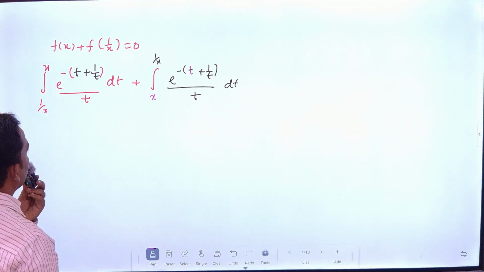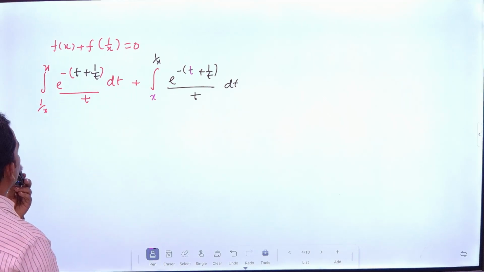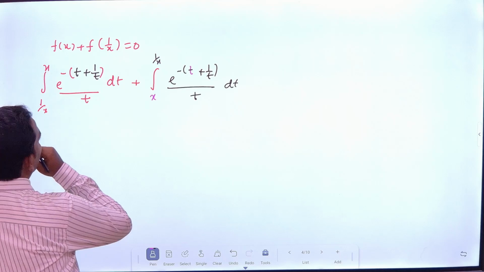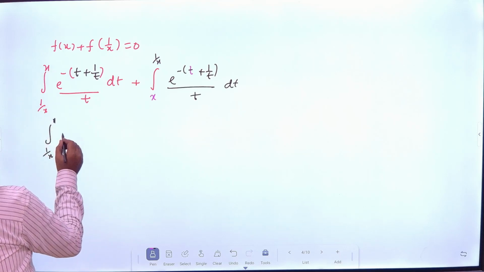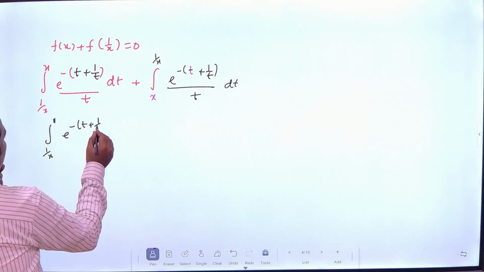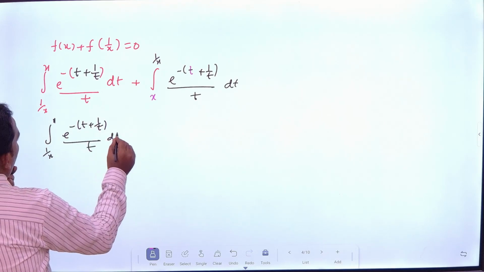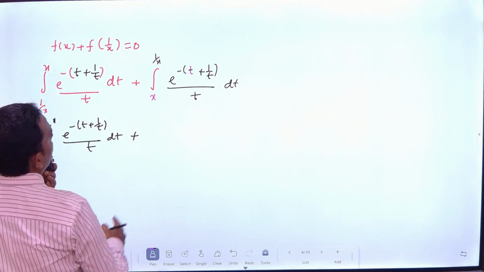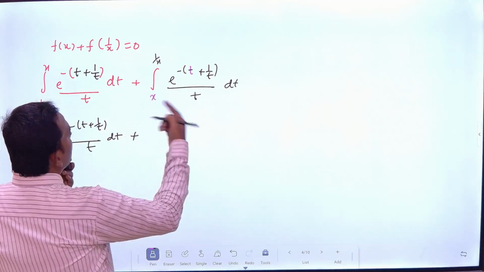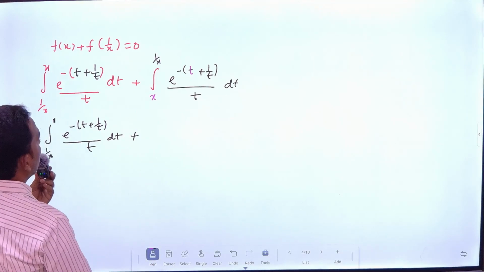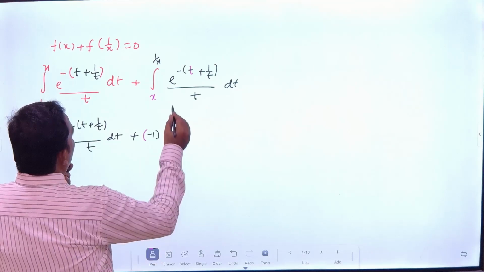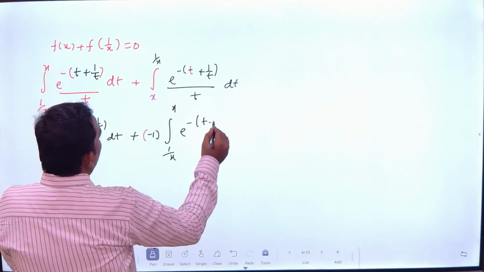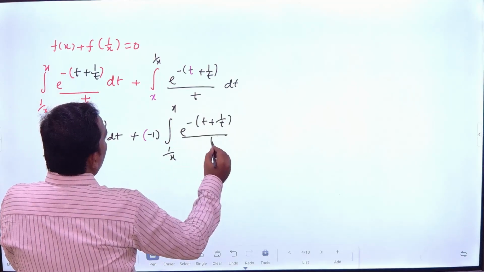Now you can check whether the sum is 0 or not. How to check it quickly? You can see the integral from 1 by x to x of e power minus t plus 1 by t dt, plus, when you interchange the limits, you can put minus here, right? So the integral from 1 by x to x of e power minus t plus 1 by t into dt.